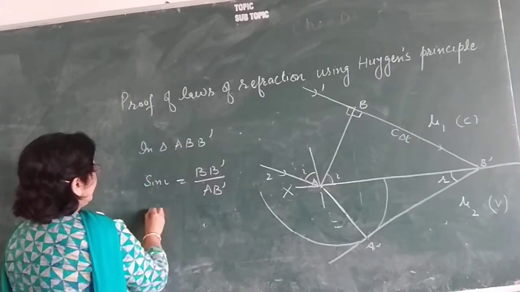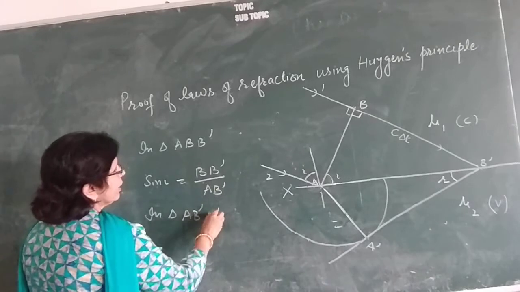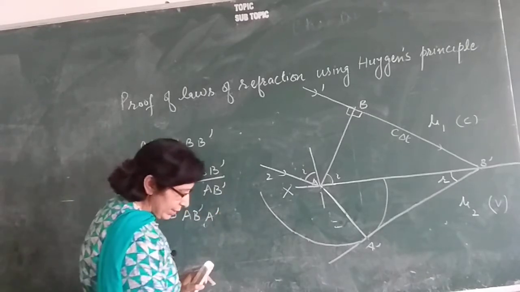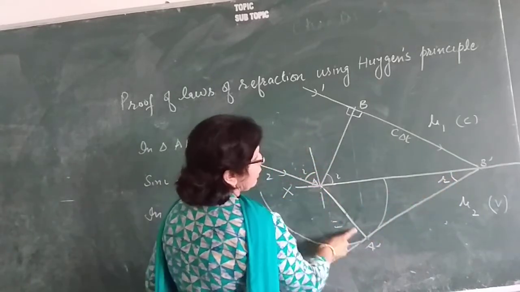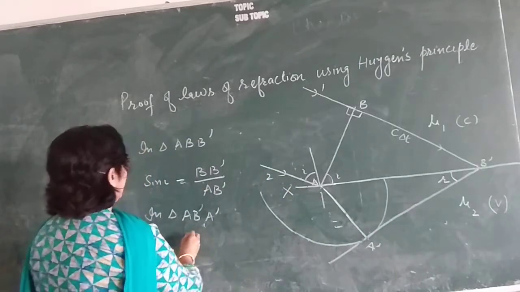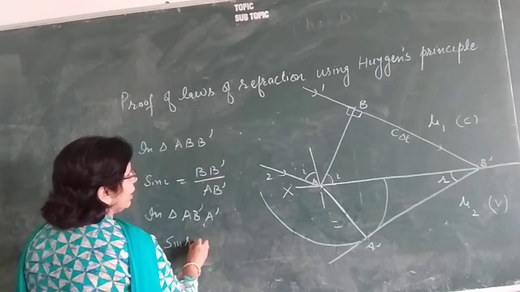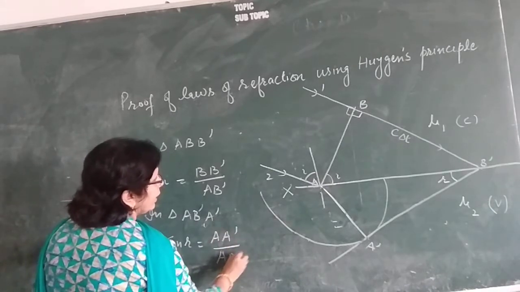Similarly, in triangle AB dash A dash, I have to find sin r. This is the angle of refraction, so it will be perpendicular upon hypotenuse, so sin r will be equal to AA dash upon AB dash.